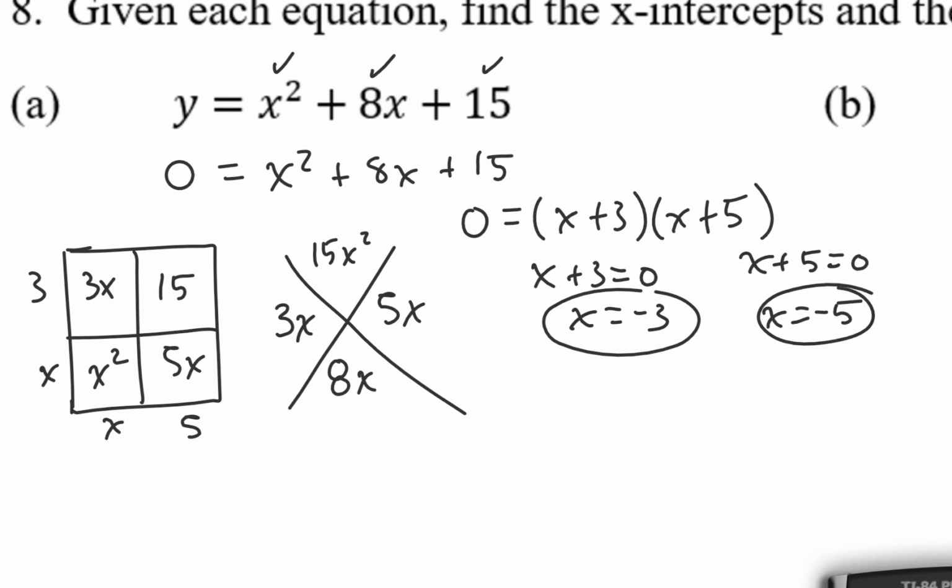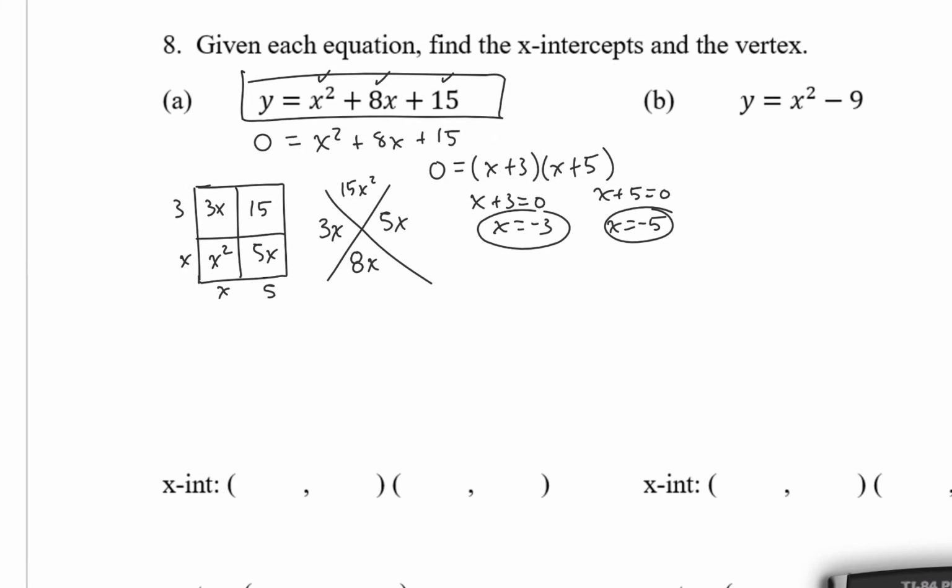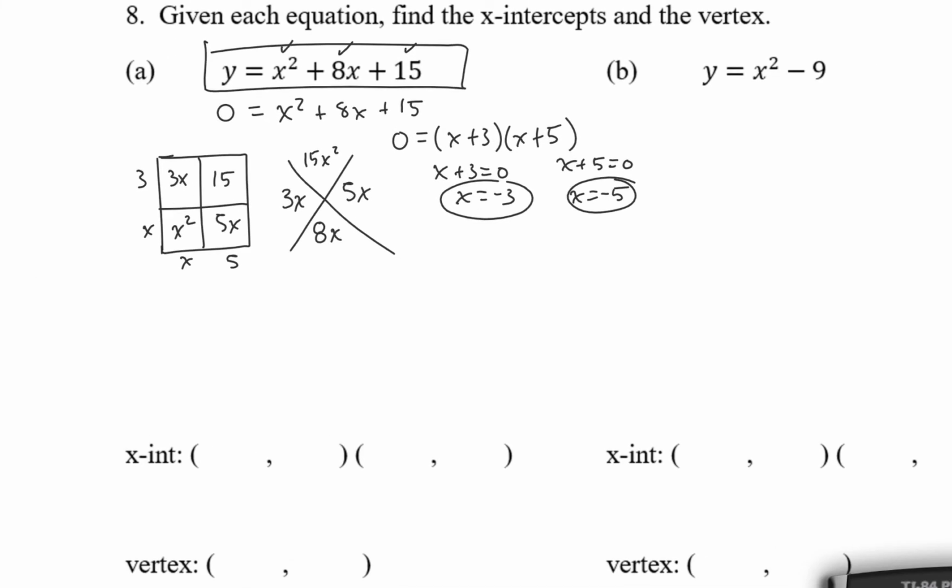So negative 3 and negative 5 make my original quadratic equal 0. Therefore, that's where I'm crossing the x-axis. Those are my x-intercepts: at negative 3, y is 0, and at negative 5, y is 0.